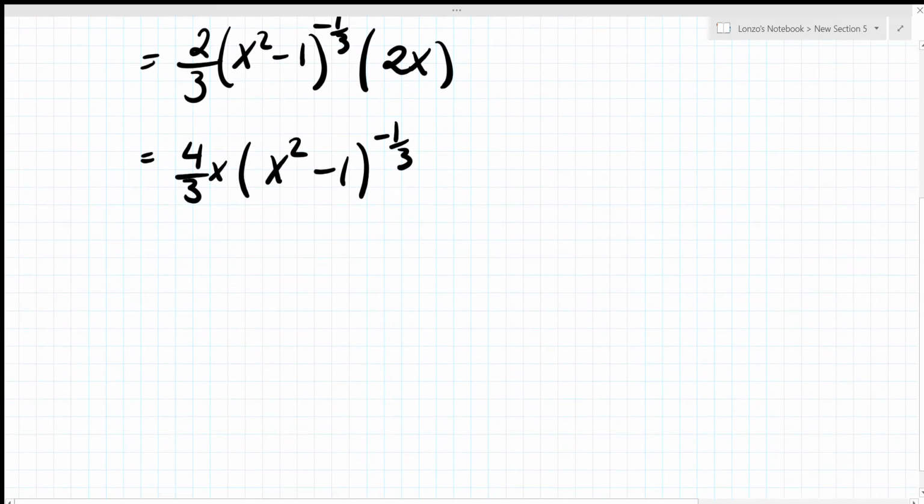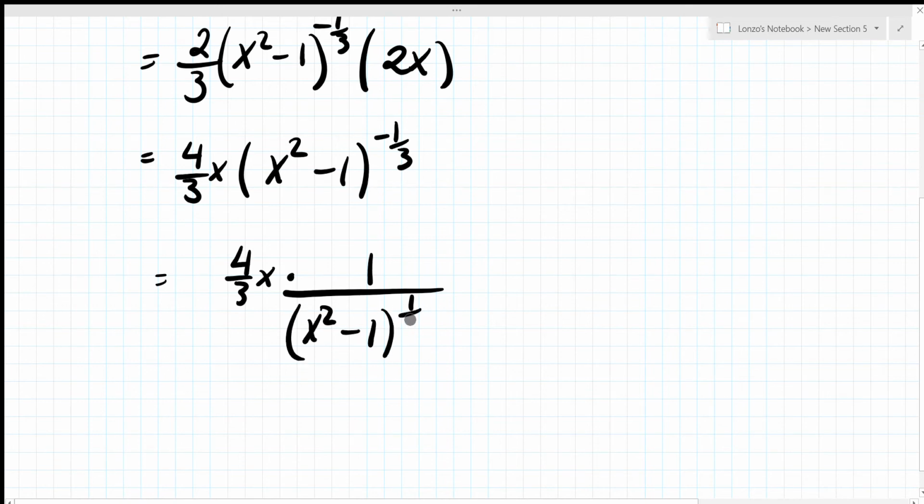Okay, so what do I do next? Let's clean it up. This negative 1/3, I want it in positive exponents, so this stays the same, so it's 4/3 x times 1, and then I want this in positive exponent, so I'm going to put this in the denominator, so it's going to be x squared minus 1 raised to the positive 1/3 power.